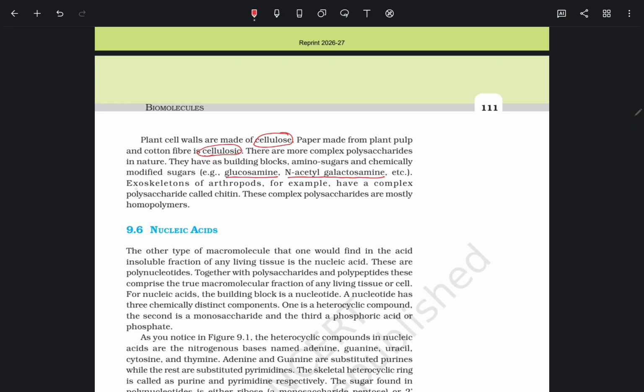Exoskeletons of arthropods, for example, have a complex polysaccharide called chitin. These complex polysaccharides are mostly homopolymers.